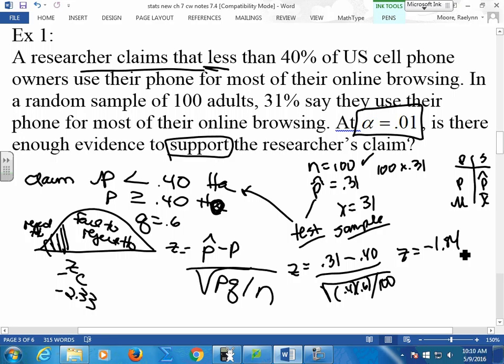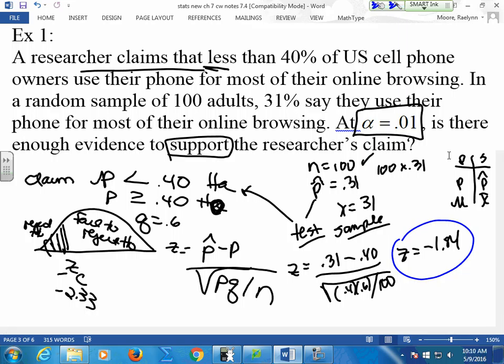Now, if we're going to test using your reject region, we want to see where does this guy fall in relationship to my cutoff. So does it fall in the shaded area or the unshaded area? Unshaded. It falls somewhere over here. So what's my decision? Fail to reject H0.